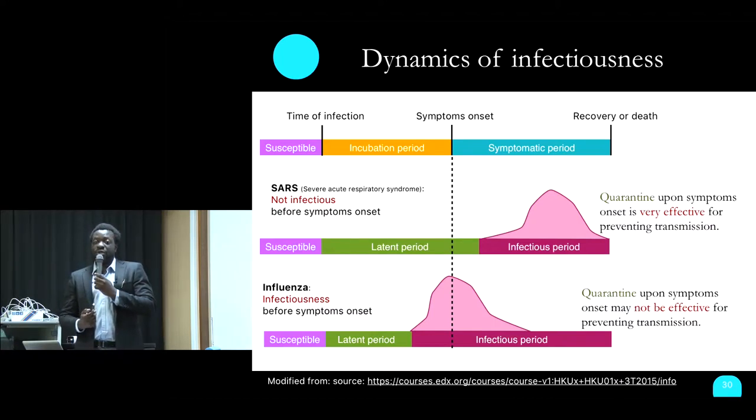So by the time you diagnose influenza, a sizable proportion of people have already been infected. So the duration of the latent period, or when the infectious period starts relative to the onset of symptoms, is a very, very important element that can direct which kind of intervention is better for which kind of disease.